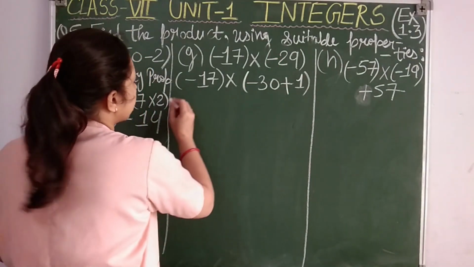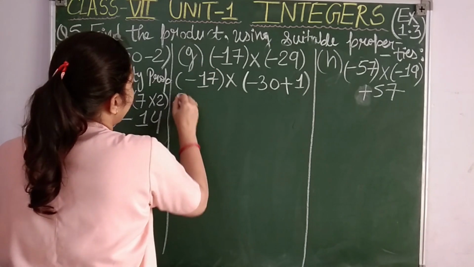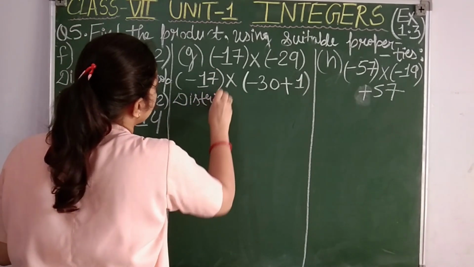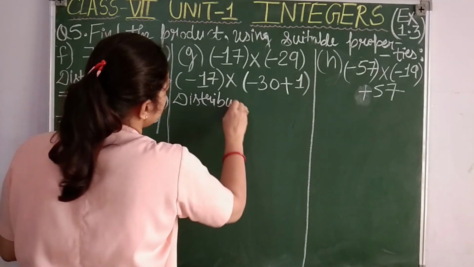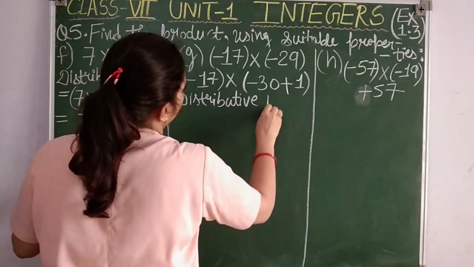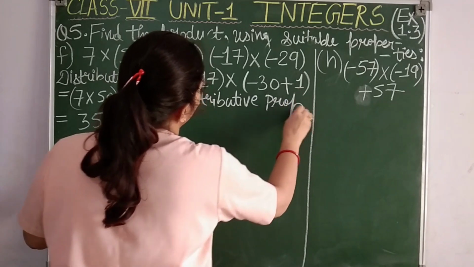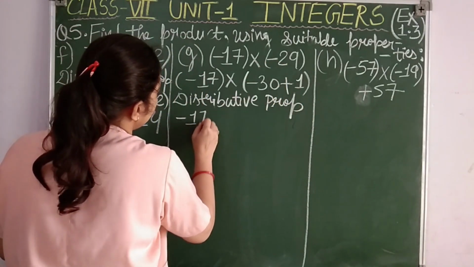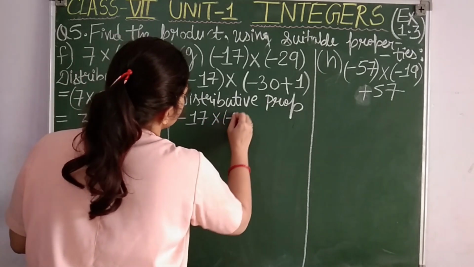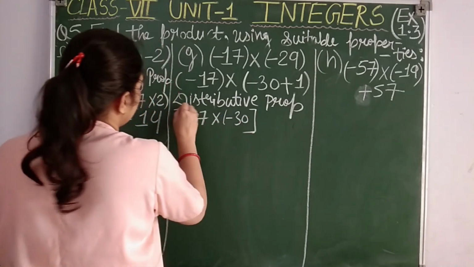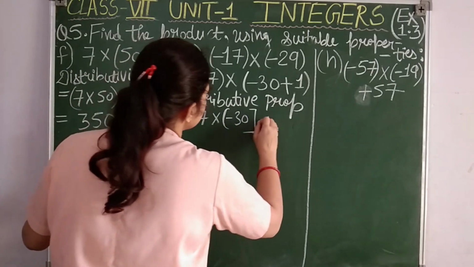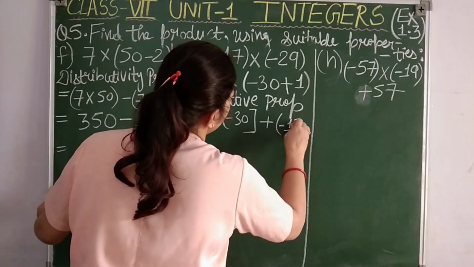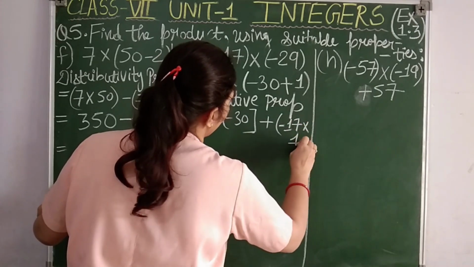Okay. So minus 30 plus 1, you are going to get minus 29. Now again it is in the distributivity property. So mention distributivity property of multiplication over addition. Fine. Now minus 17 multiplied by minus 30 plus minus 17 multiplied by 1.